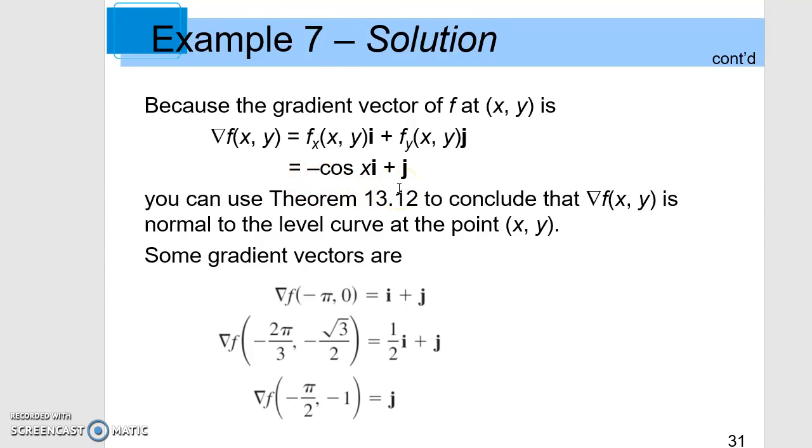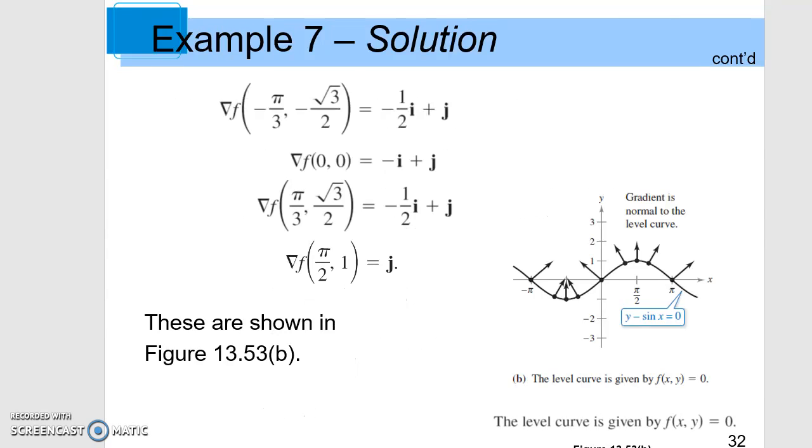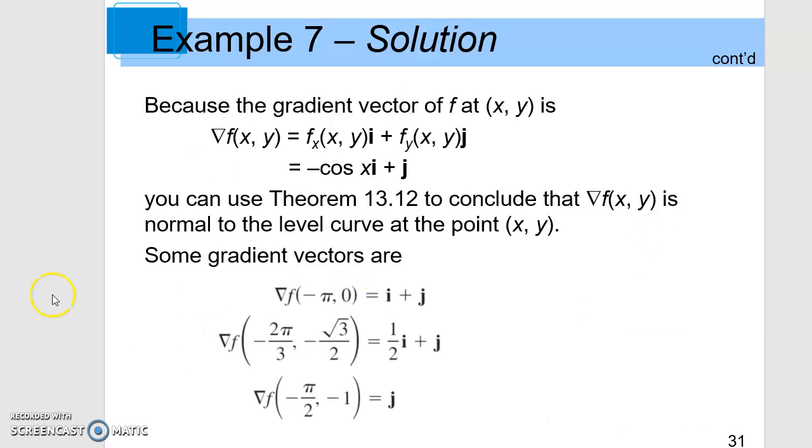If we want to find the normal to the level curve at a point, say (-pi, 0), you see on the sine curve, minus pi is here, 0 is on this point. To find this normal vector, you substitute (-pi, 0) into the gradient, which is (-cos x, 1).